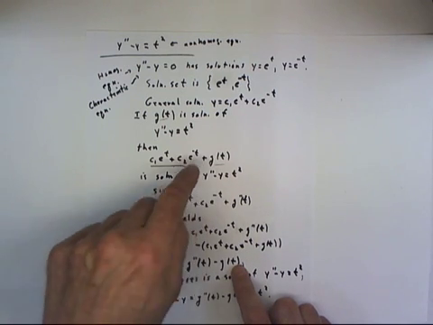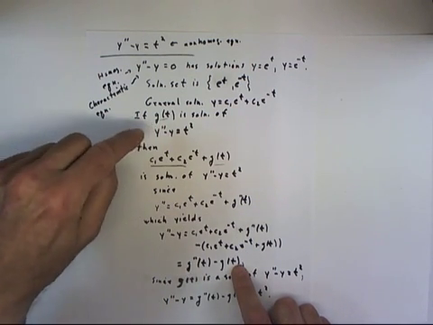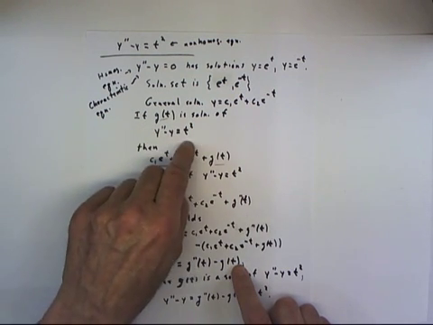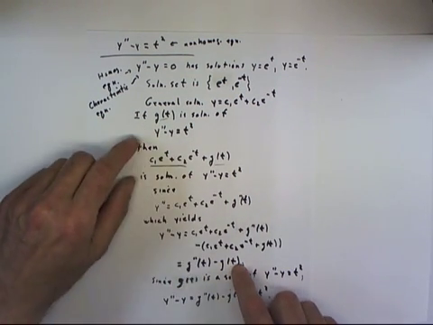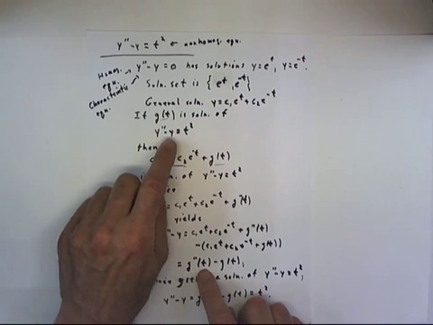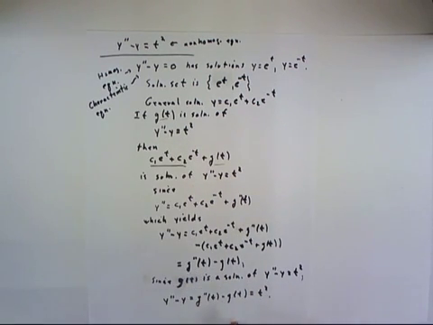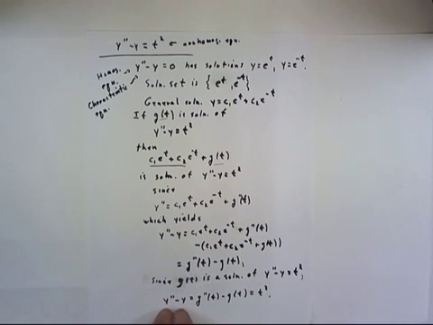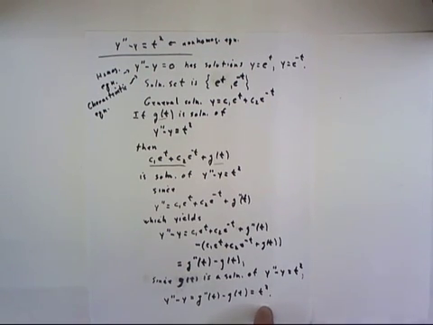By hypothesis, if g is a solution of this equation, then that means g double prime minus g has to equal t squared. So since g of t is a solution of this equation, y double prime minus y has to equal g double prime minus g, which is equal to t squared.